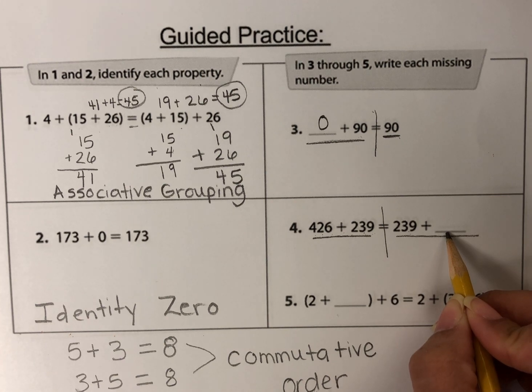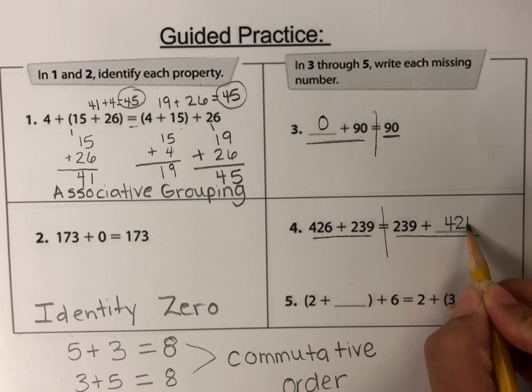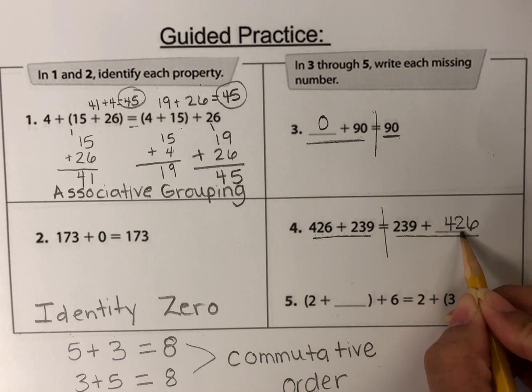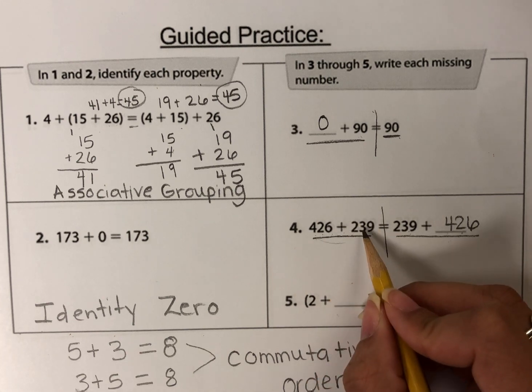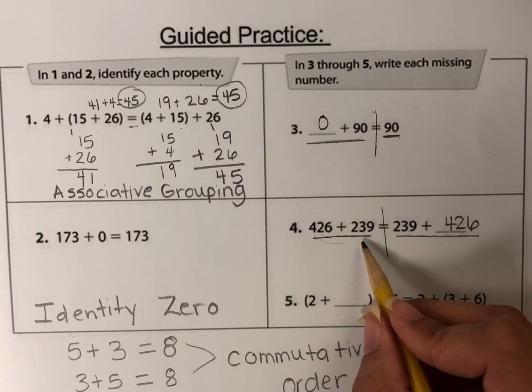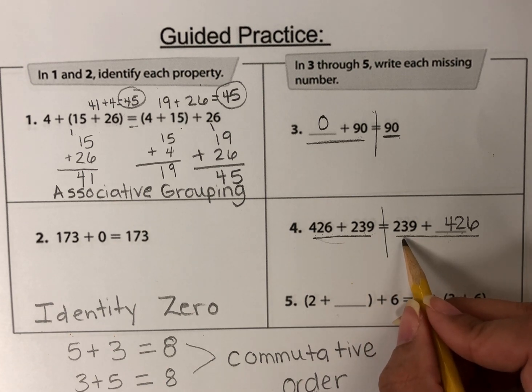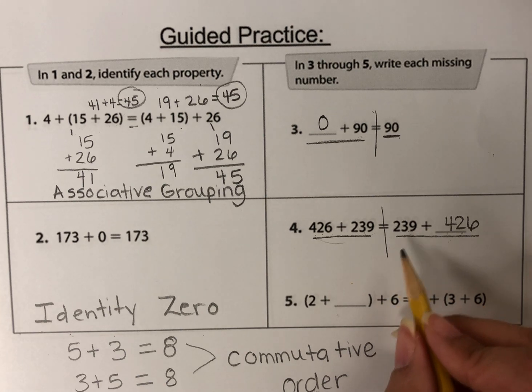I am missing my other addend, 426. This exact same number has to be added with 239 in order for the value to stay the same. The value stays the same even though the order of the addends is different. This is the commutative order property.